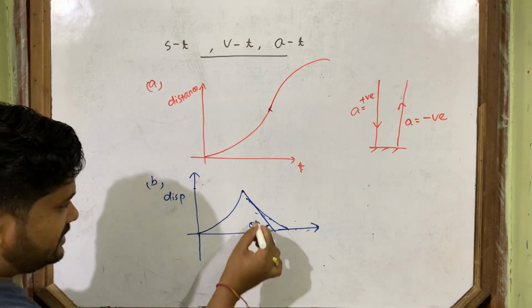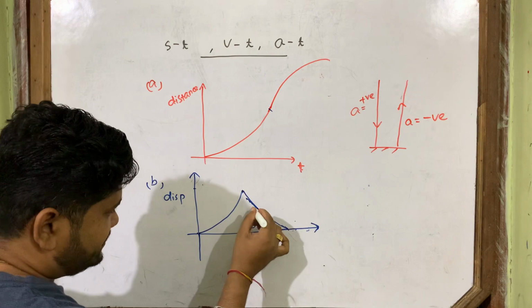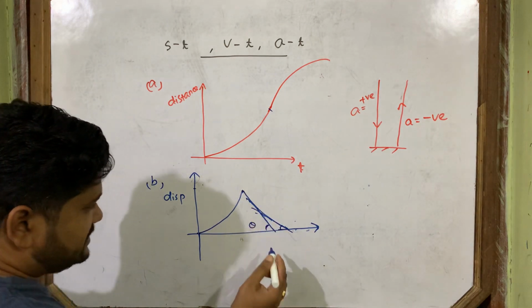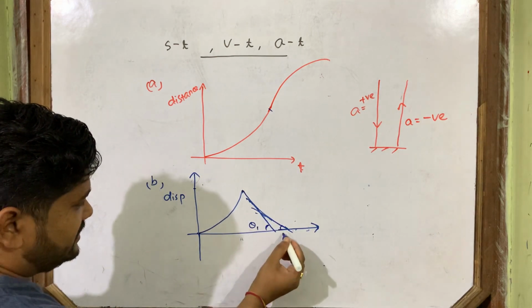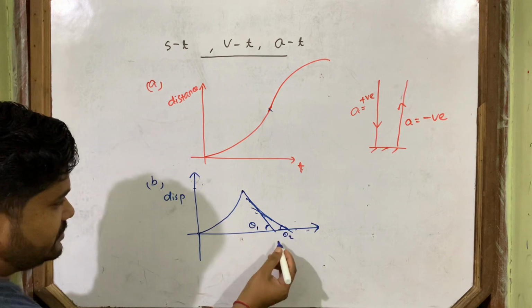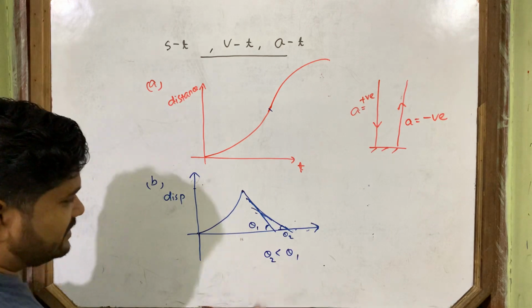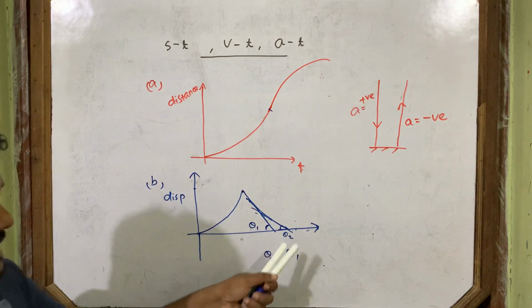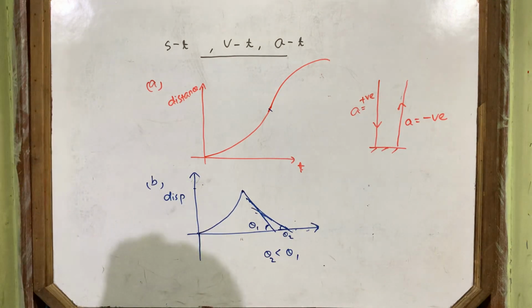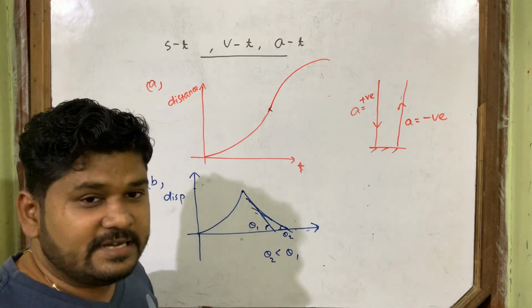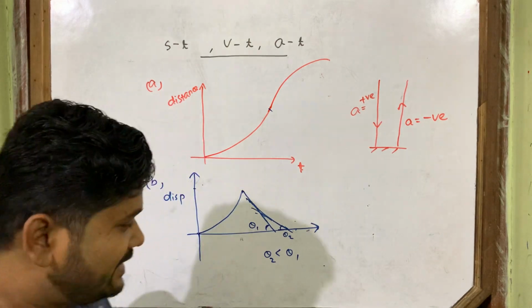This is theta 1, this is theta 2. So theta 2 is less than theta 1, which means its velocity or speed gradually decreases.